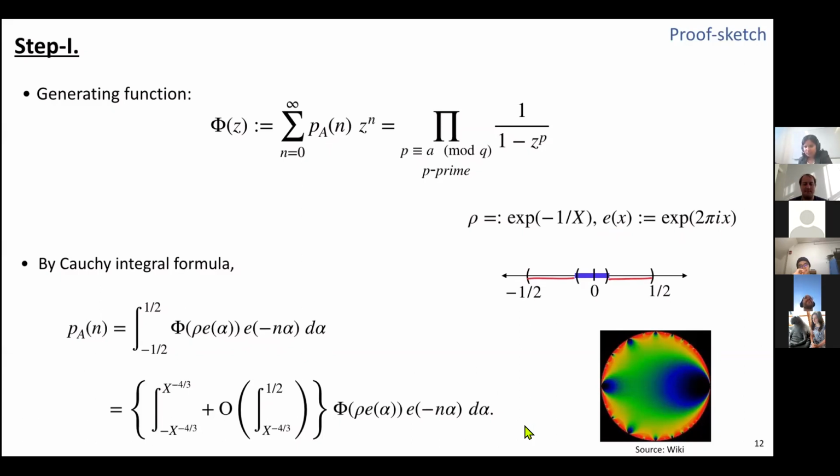If you've seen this picture before for the eta function, this picture on Wikipedia, when you look for the eta function, it shows you the modulus of the function on the unit disk. But the point is that this picture captures why it's called the circle method, and why we have these major arcs and minor arcs, why they are called major arcs and minor arcs.